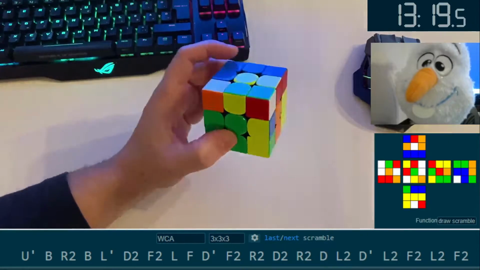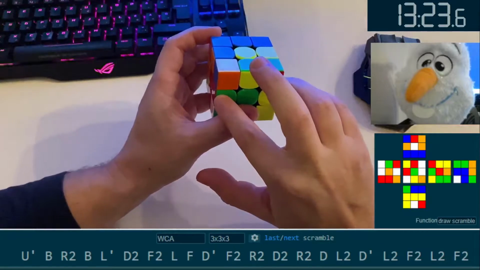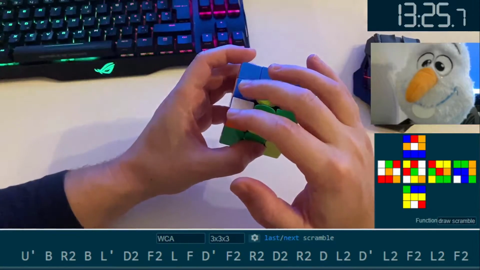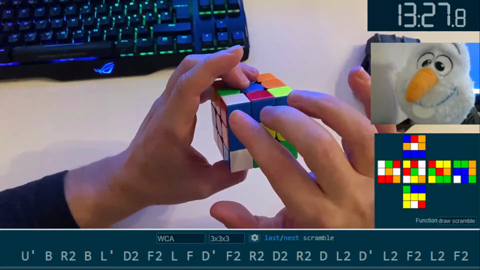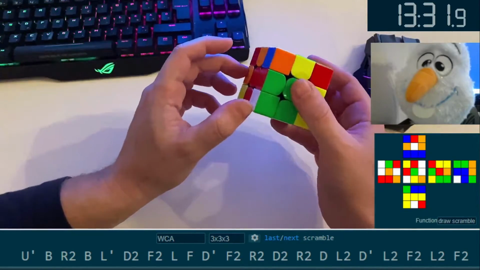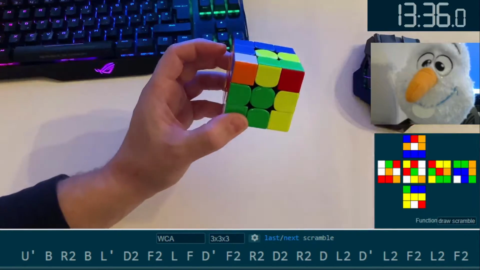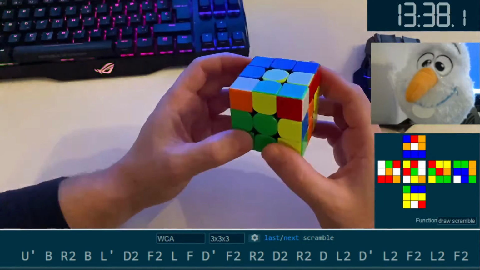Okay, so we've got this pair, quite easy one. This on top, this on top, and then we've got the last one, which we can do anything.